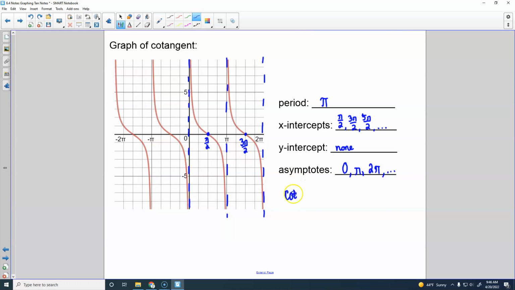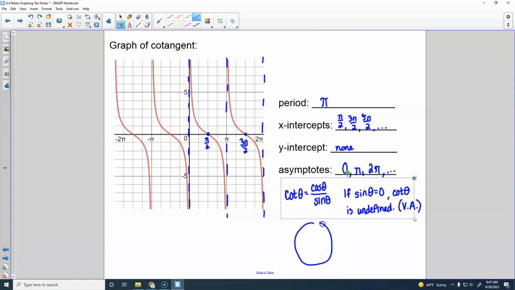Cotangent of theta is cosine of theta over sine of theta. So if sine of theta equals 0, cotangent of theta is undefined, which means you'll have a vertical asymptote at that point.